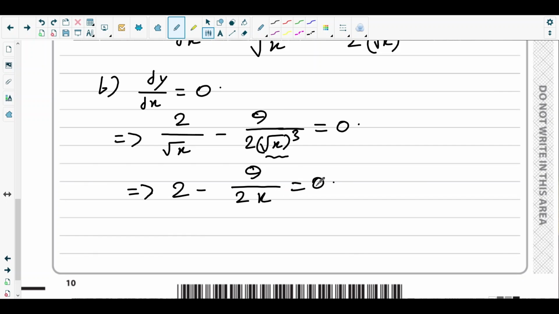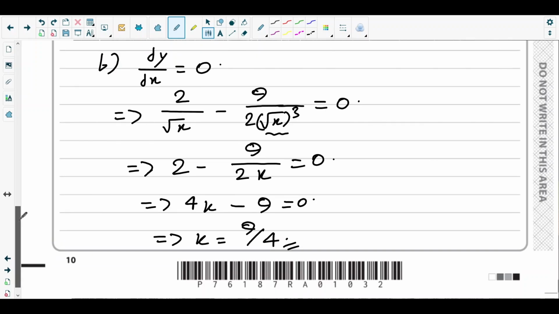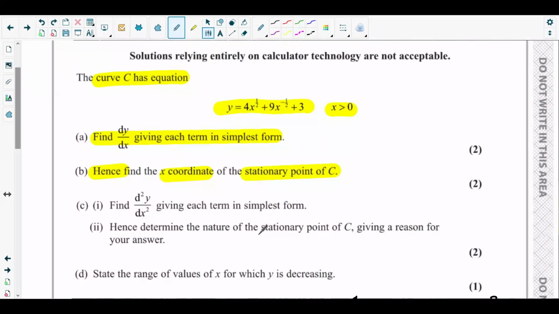This equals 0. Now multiply both sides by 2x, so you get 4x minus 9 equals 0. So x equals 9 over 4, and that's the x coordinate of the stationary point of the curve C. That's what part B has asked for.